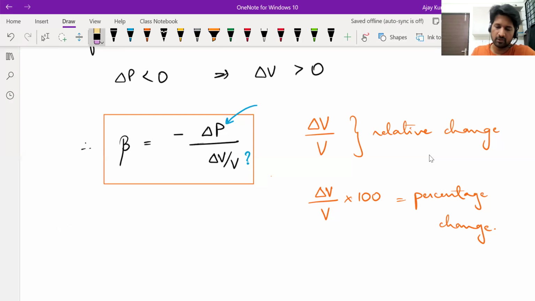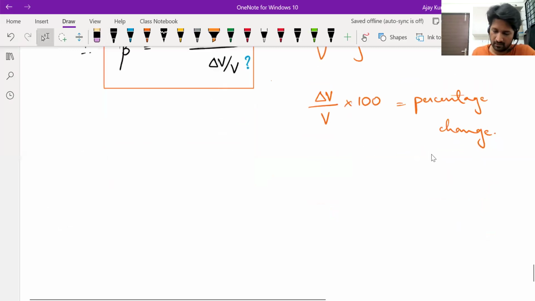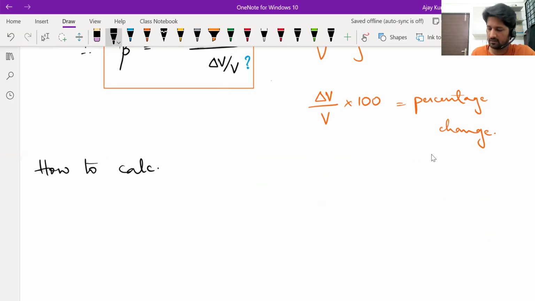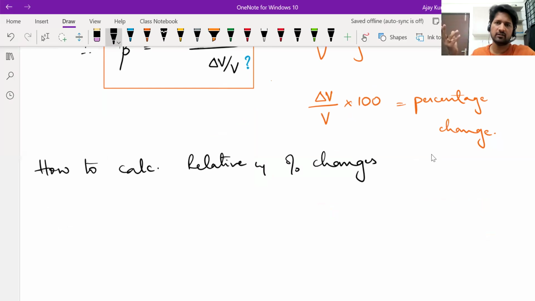So I just want you to revise how to calculate relative and percentage changes. In that chapter, we talked in terms of errors.